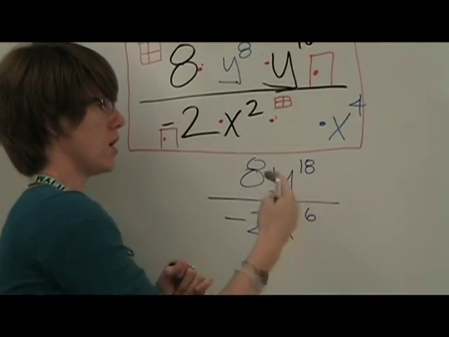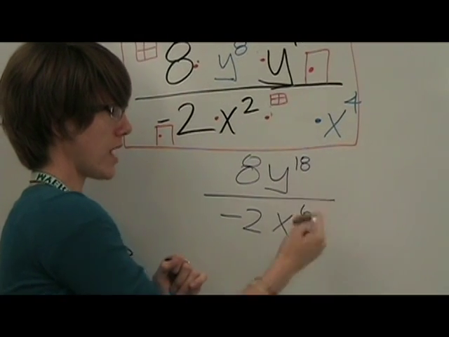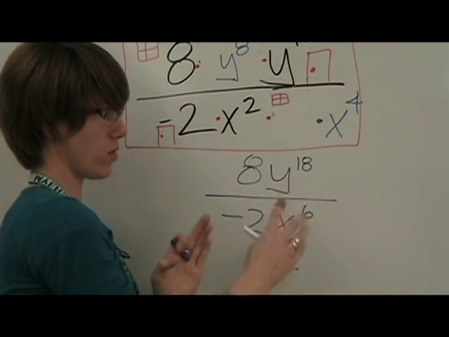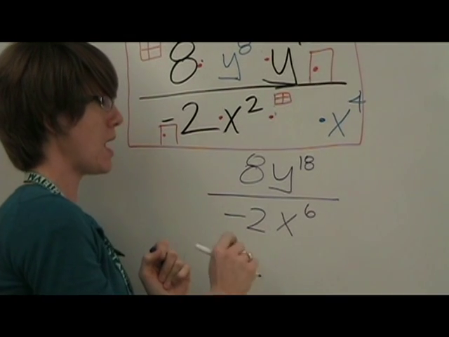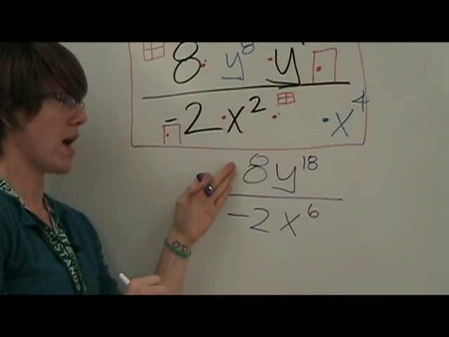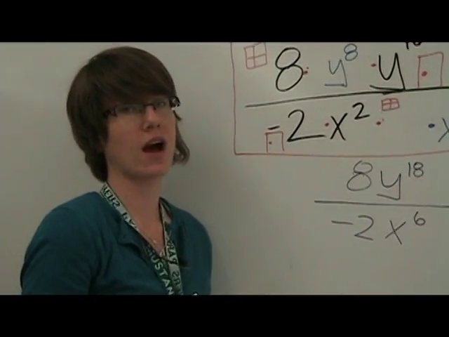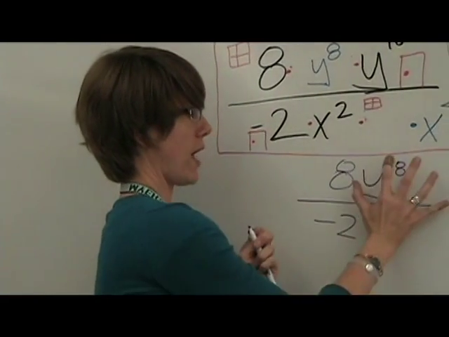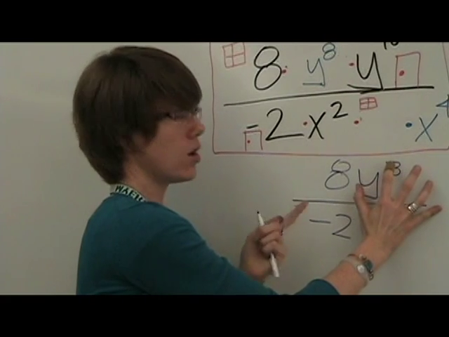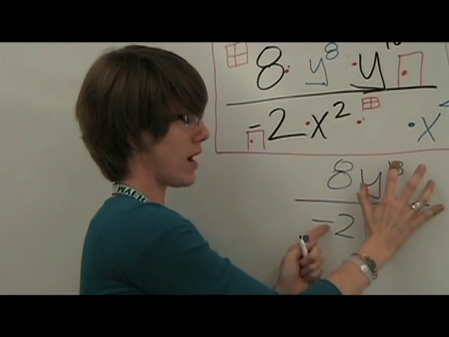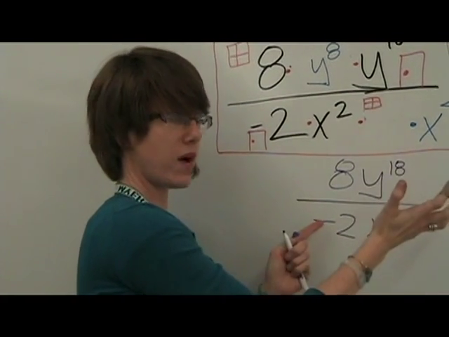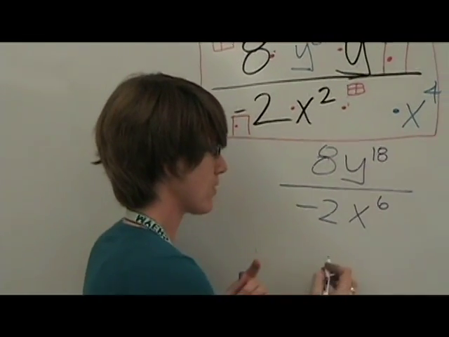Let's check. Are there any like variables here? Nope. So those are going to stay the same. But we're not done. 8 divided by -2 can be simplified. Please do not freak out. If this was just a regular fraction and these variables were not here, we could simplify this. 8 divided by -2 simplifies down into -4.